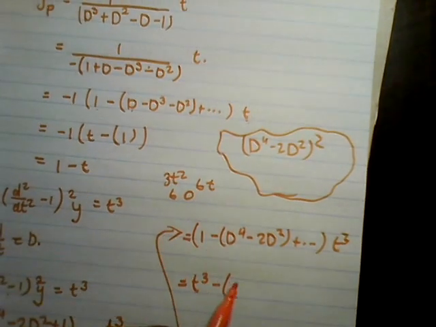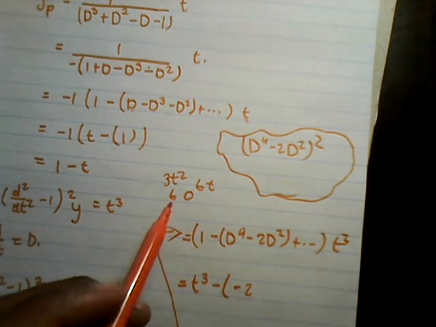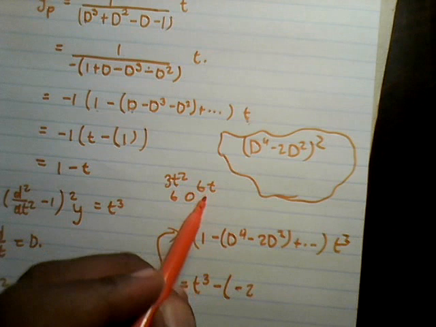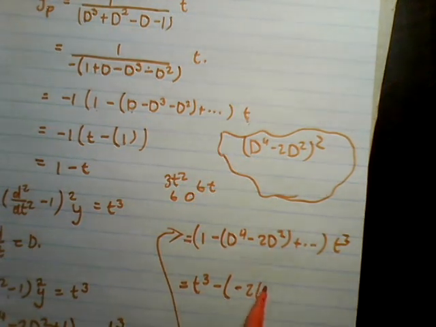So it's 0 for this one, and then minus 2, which is a constant, and we take 2 derivatives of t cubed. Remember, this was the first derivative and this was the second derivative, so we put 6t here.